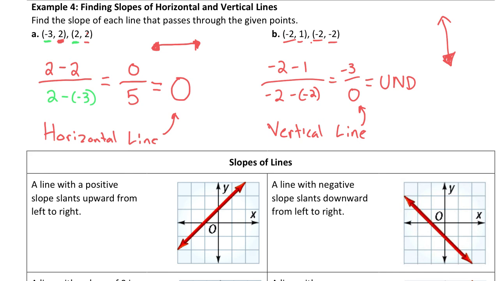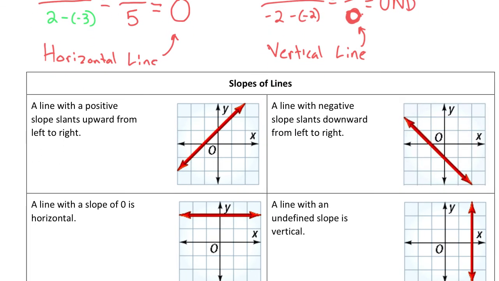When you think about it, with a horizontal line, the change in y is 0. For a vertical line, the change in x is 0. So you're thinking change in y over change in x. The change in x is 0 for a vertical line. That's why it goes straight up and down.